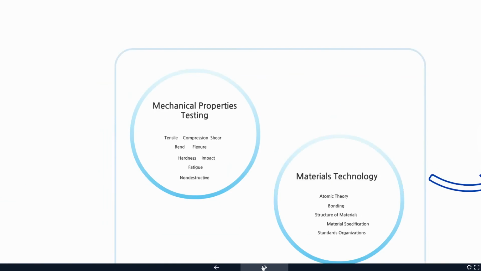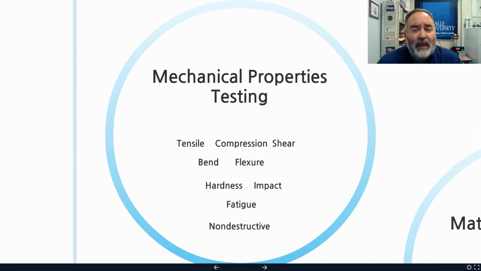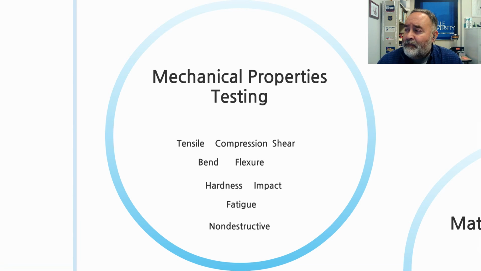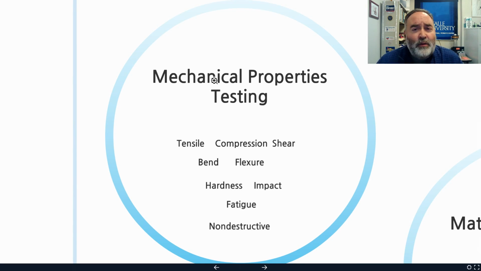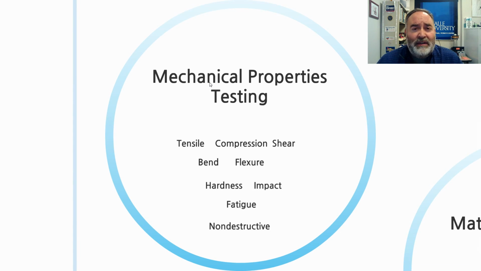And what I wanted to do is go back very quickly and talk about what these things look like. So mechanical properties testing is what our laboratory will be about for the first few weeks of the course. We'll be taking different materials into the lab, and we'll be using specific equipment that we have to test how strong materials are and how stretchy they are, how bouncy they are, and all kinds of other fun stuff.